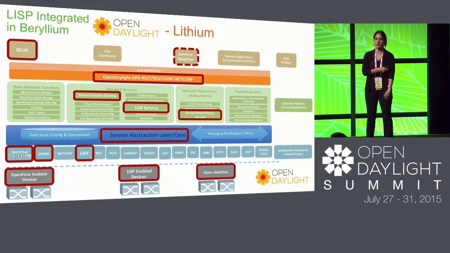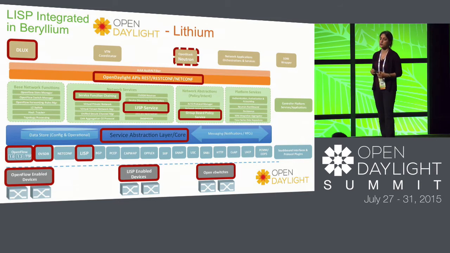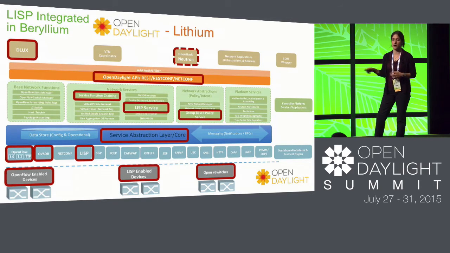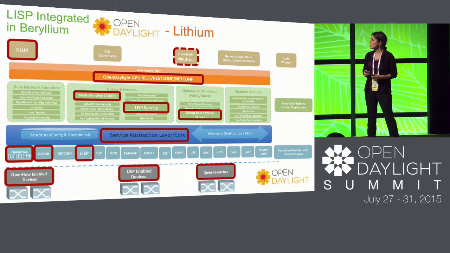The Lithium release doesn't have NSH support for SFC, but we are adding that in Beryllium. And also, maybe we're looking at integration with group-based policy, so we can use GBP to program policies in our mapping database and then enforce that in the forwarding plane.